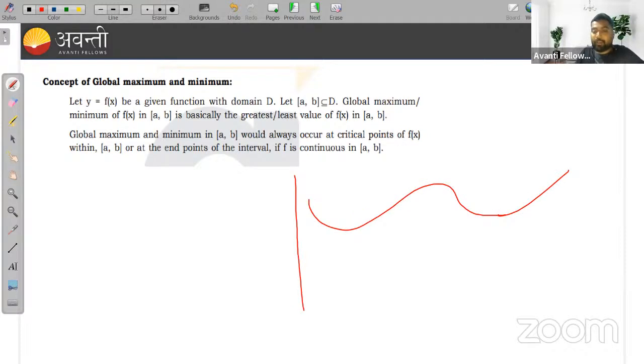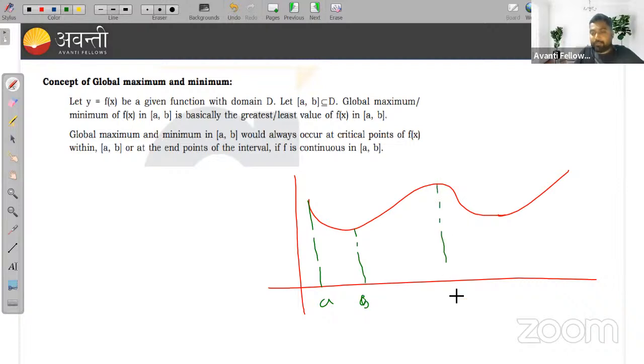And you need to find the global maxima, global minima, local maxima, local minima. ठीक है? तो देखो, suppose this point is A, this point is B, this point is C, this point is D, and this point is E. है ना? So here, where we are getting a local maxima, local minima. This is local minima. This is local maxima. This is local minima.